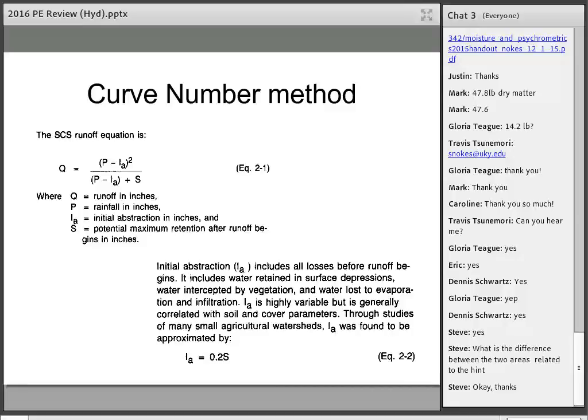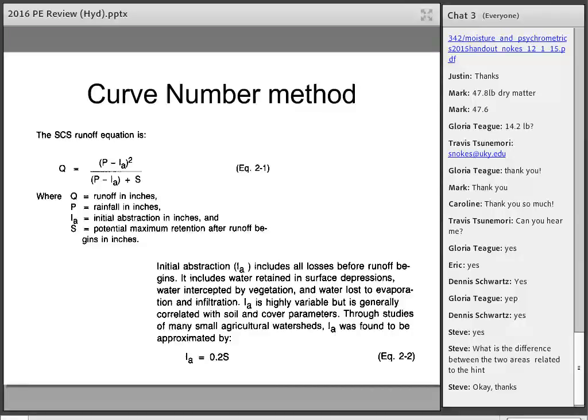Essentially, all the losses, all of the rainfall that happens before runoff begins is the initial abstraction, and then you've got more abstractions from there. But that's the water that's initially not part of the runoff process. And they put this together and then fitted it to studies that they had worked on, that they had data from, and came up with a nice method.